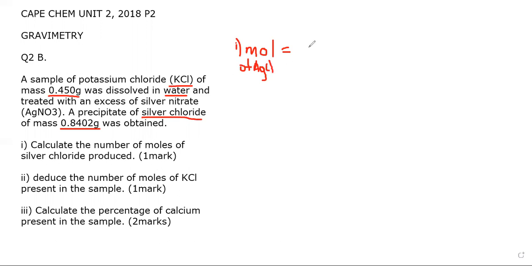So the mass of it was 0.8402 grams. Now silver is 108 and chlorine is 35.5.